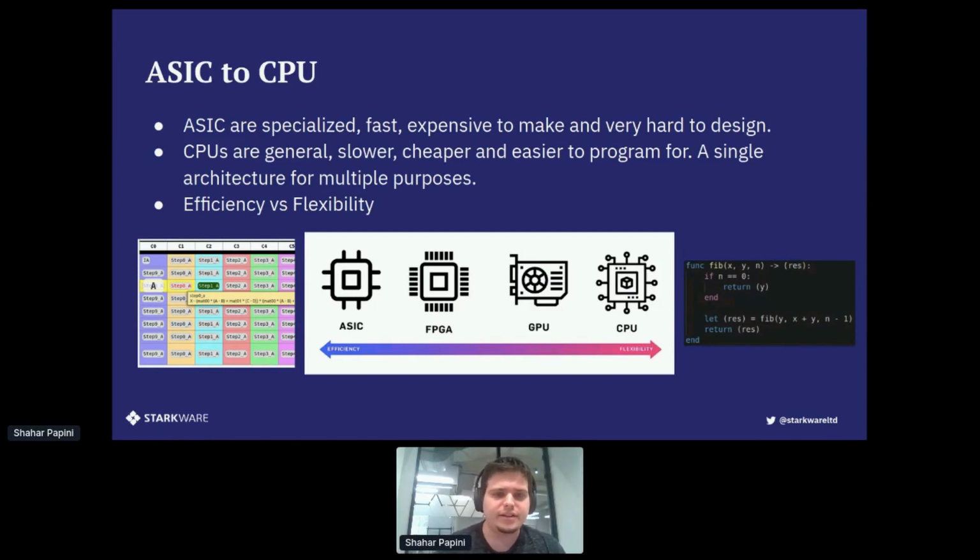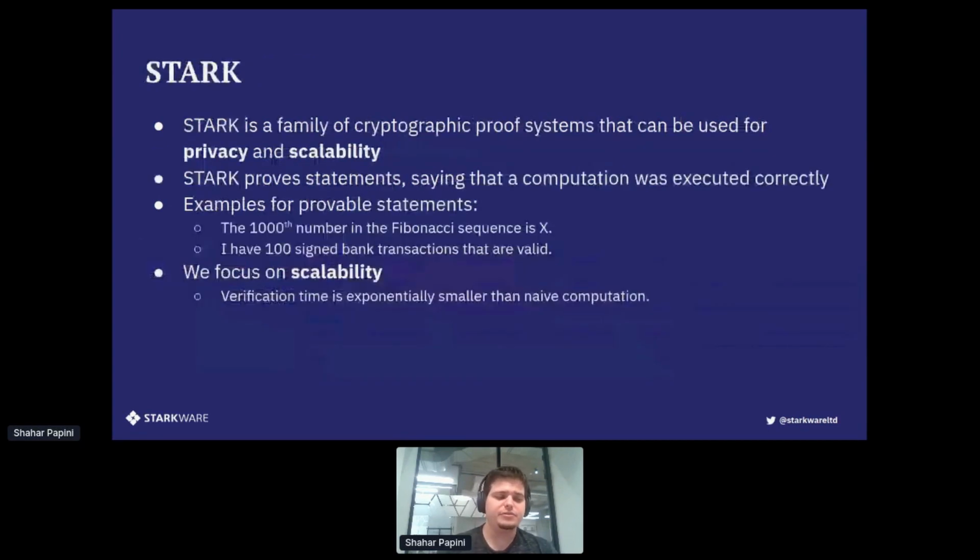CPU is very flexible, but it is usually less efficient than ASICs. Okay, so this analogy fits very well for our journey in StarkWare, and I'll share it in a minute. But first, I'll give you a brief overview of Starks. What are Starks?